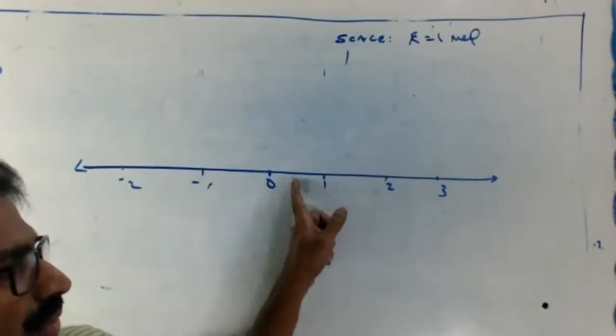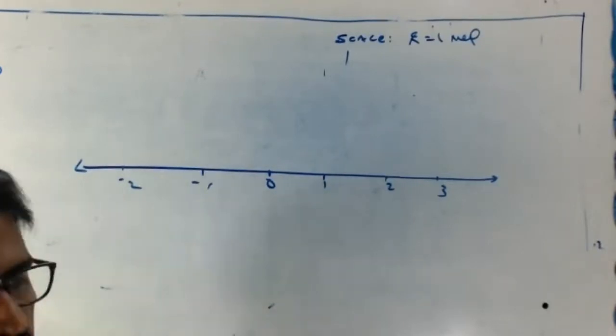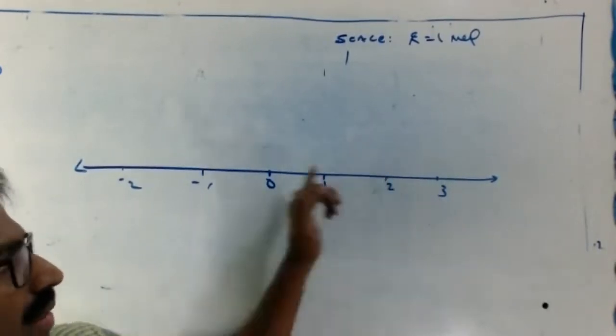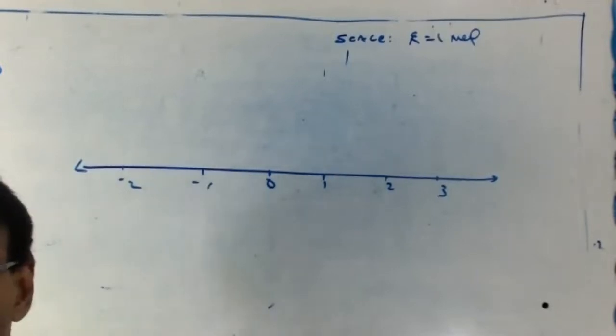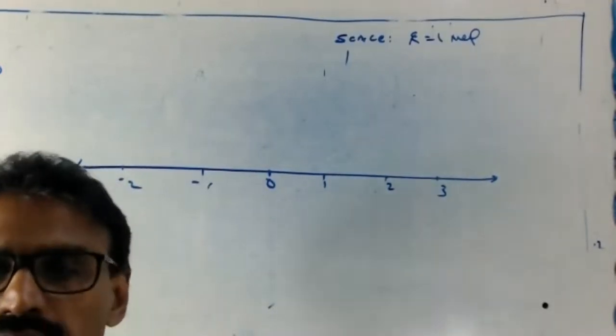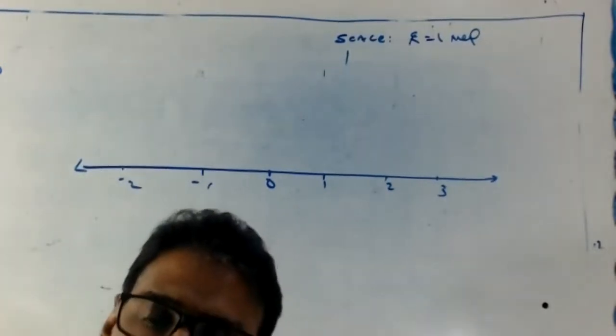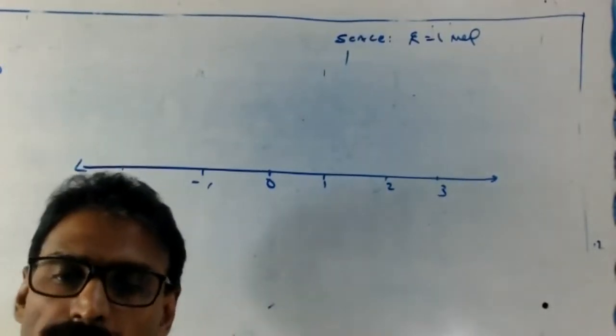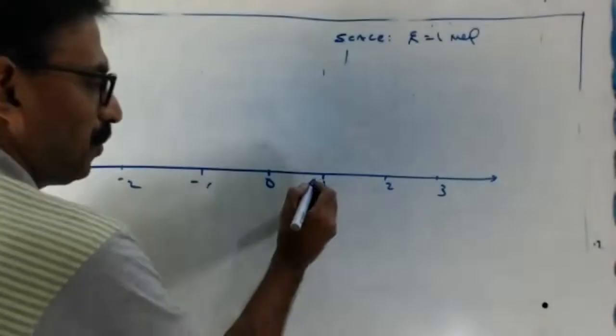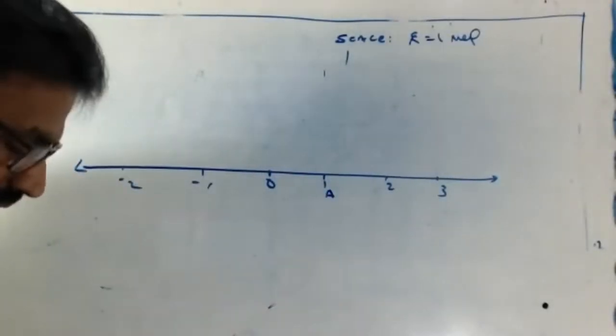So that means here 1 inch difference. 1 inch, 1 inch, 1 inch. If you are taking 2 centimeter, everywhere 2 centimeter. Clear or not? Then I put step 2. You mark here A.